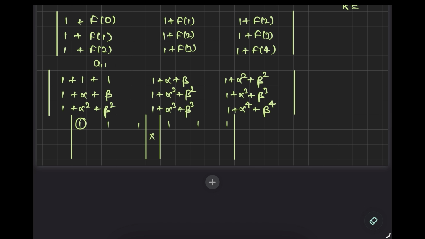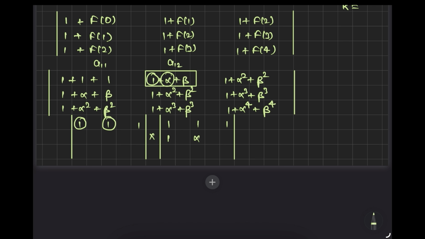Okay. Now look at this. Who is this person? This is A12. A12 means what? First row with second row. Okay. So what should we multiply with this one to get this one? 1. What should we multiply with this one to get alpha?